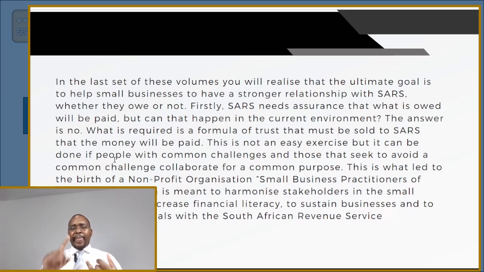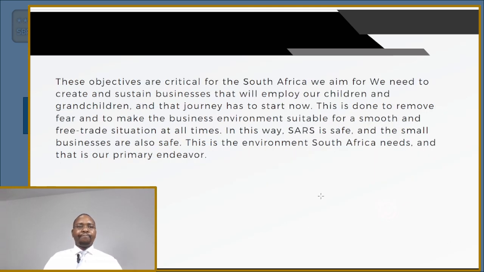And remember, you will be allocated an accountant and a financial records clerk immediately when you come in. The purpose there is to harmonize stakeholders in the small business area in order to increase literacy and also to negotiate better deals with regulators such as SARS, Department of Labor, and the CIPC.